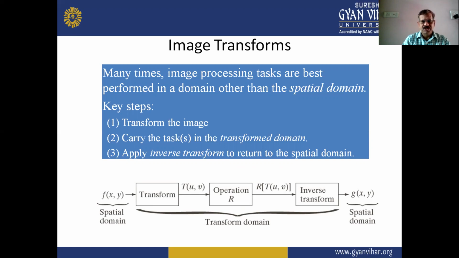So in this block diagram, there is the spatial domain function f(x,y), and this function is transformed into T(u,v), and next is the operation R. The output of R is R into T(u,v). Next is the inverse transform of this signal, and the output signal of the inverse transform network is g(x,y).